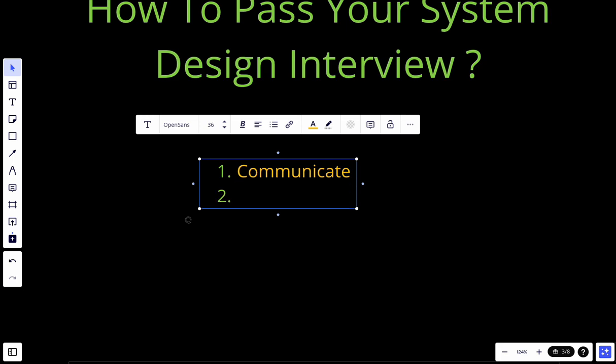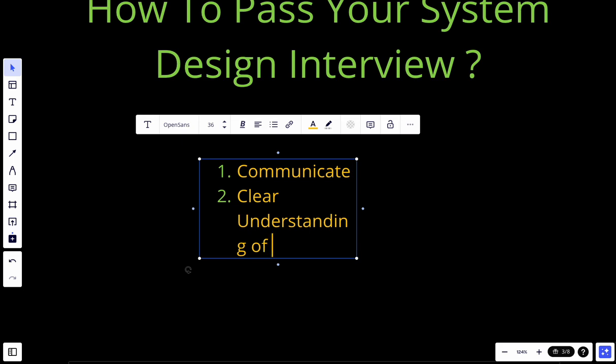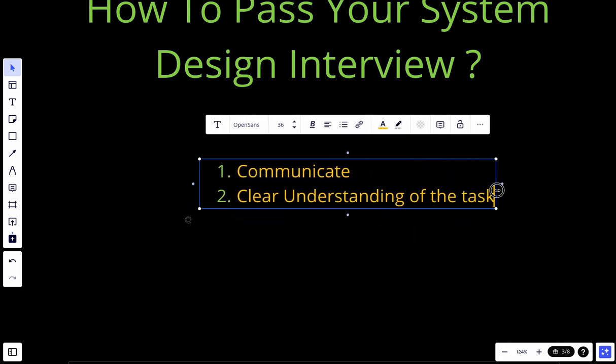Second, you should have a clear understanding of the task that you have been given. For any system design interview, you have been given a task.